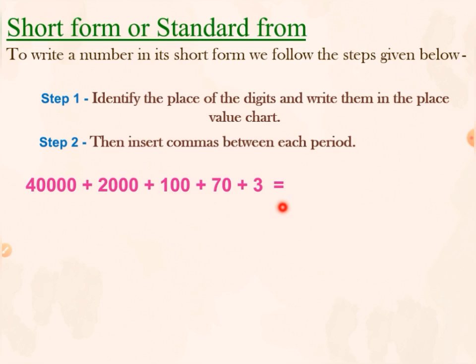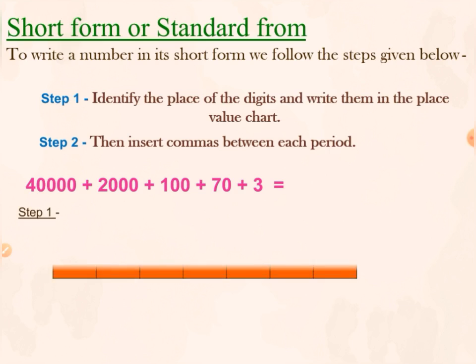Now I have to write it in simplified form. So what do I have to do first? I have to first identify the place of each digit, and then we have to write them in the place value chart. Okay children? Let us see that in the place value chart how we'll put them.